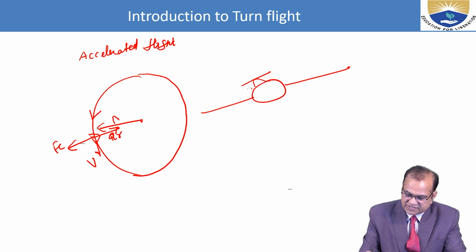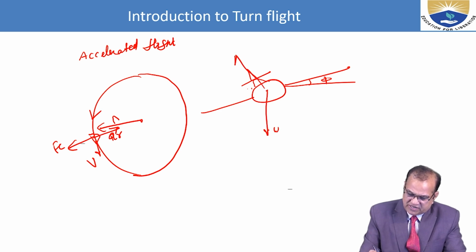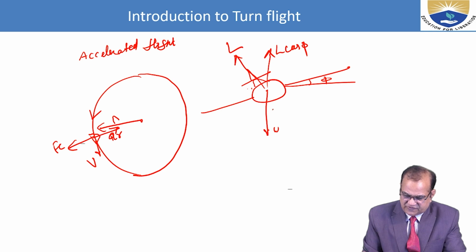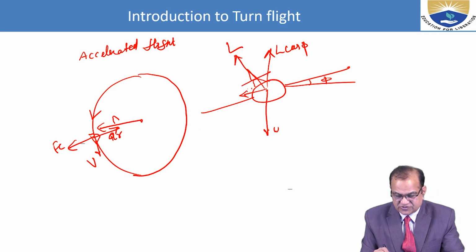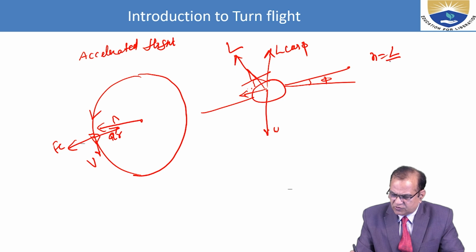So if you see here, this is your bank angle phi, and here the weight is here, lift is here, and this will be L cos phi. Some forces will act in this direction also, and we have found the load factor n is equal to L by W, which is 1 by cos phi.